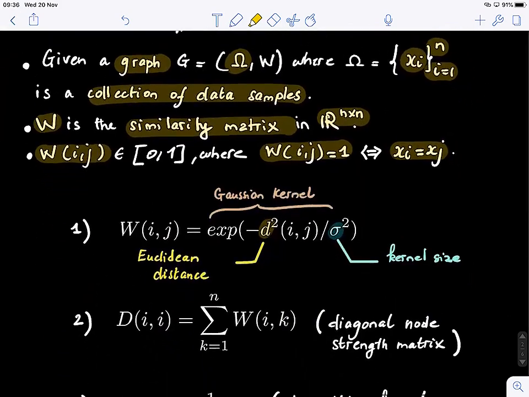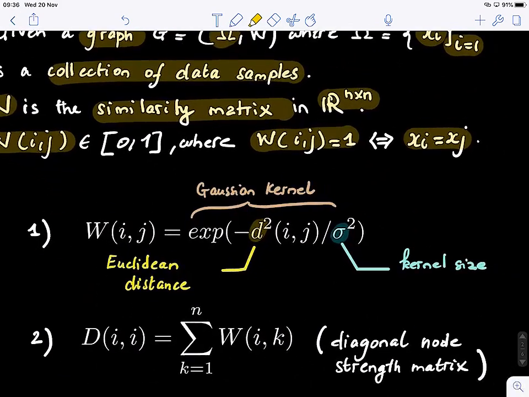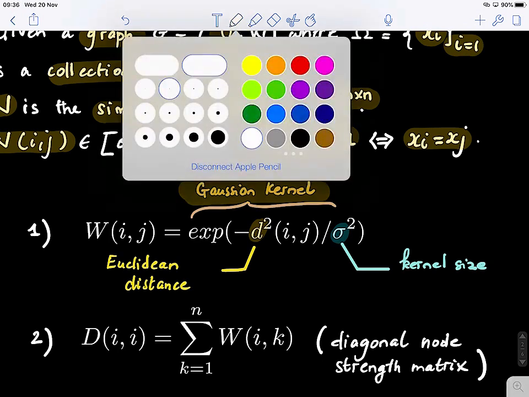Next, they use a Gaussian kernel as a first initialization of this. They initialize using a simple Gaussian kernel, but then through the diffusion process, they are able to improve the similarity. So this is a first approximation of my similarity.